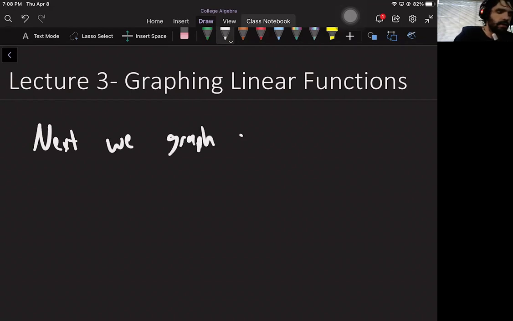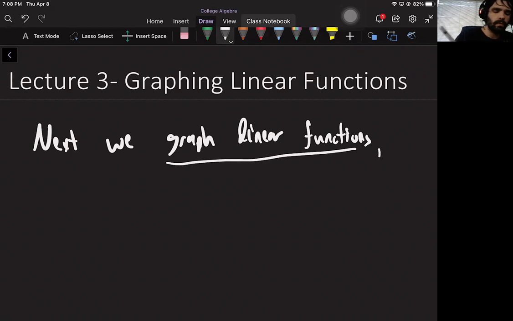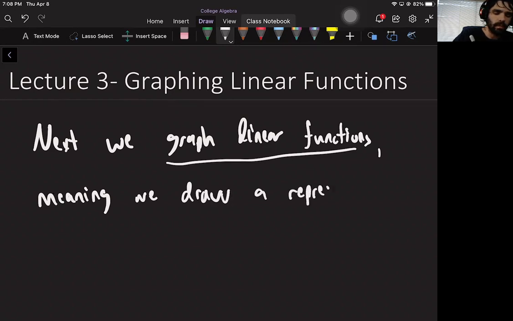So next we graph linear functions. So what this really means is we draw something, I guess that you could call it like a representation.